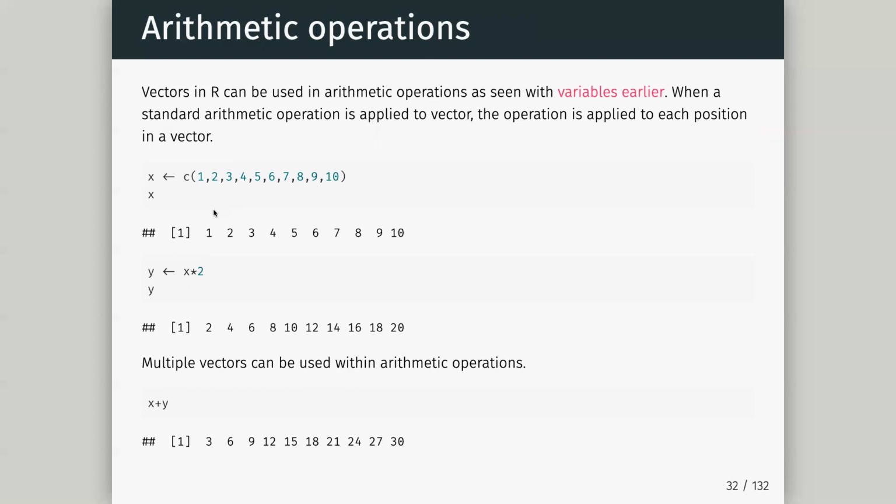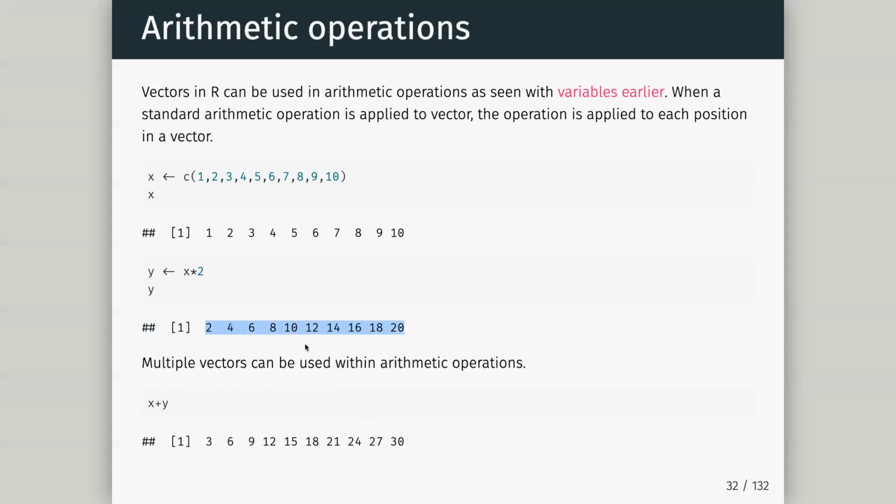So if I take a vector x of 1 to 10, and I do x times 2, this will give me every value in my x times 2, so that becomes 2, 4, 6, 8, 10, 12, 14, 16, 18, 20. So in this way, it's very easy for us to apply an operation across a whole vector. And actually, it's quite fast in R as well.